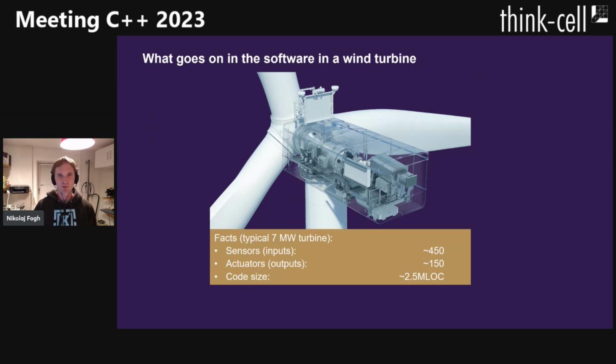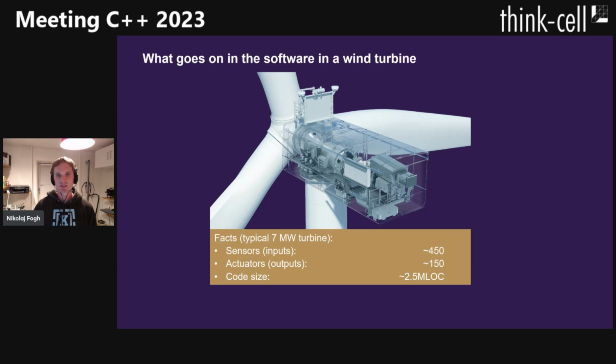So back to the wind turbines. What goes on in the software for a wind turbine? I'm going to give you a quick brush up. In a typical 7 megawatt turbine, you actually have a complete generator, a whole power plant up in the nacelle here. And we have around 450 different kinds of sensors that monitor everything that goes on. We have around 150 different actuators.